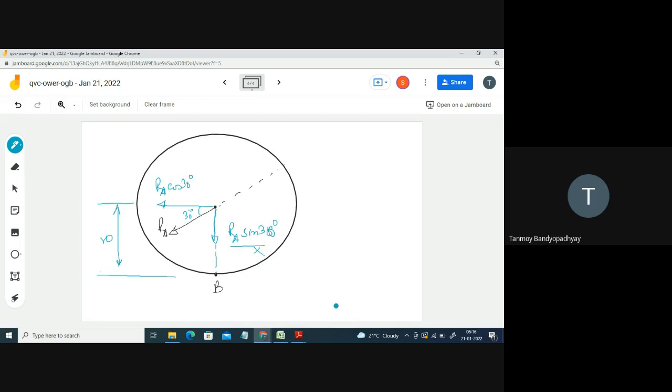I am taking the moments at the point B, which is on the circumference of the circle. So this is FB, this was NB. The moment due to RA cos 30 will be RA cos 30 into small r. This is the lever arm of the force. So RA cos 30 into r. Okay?